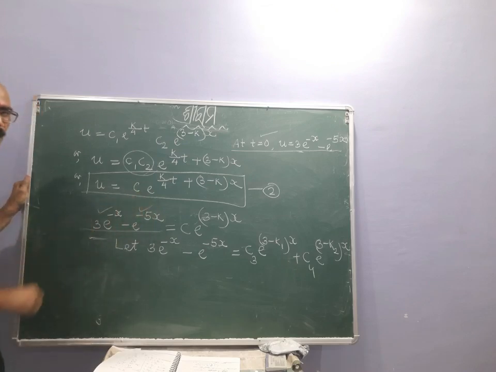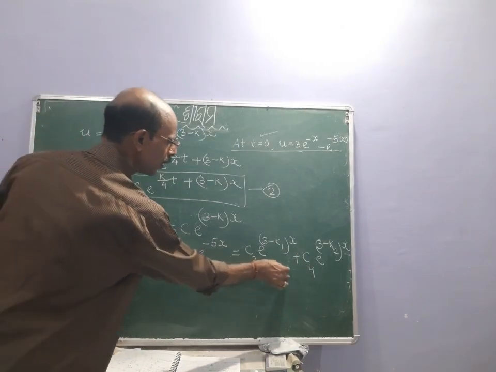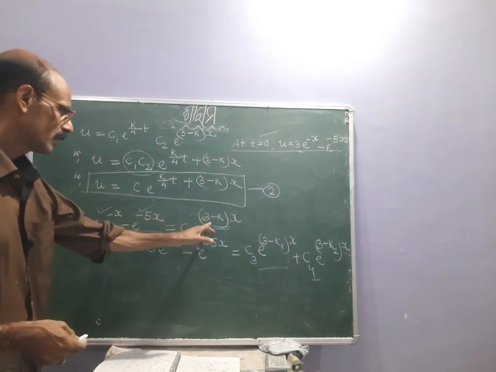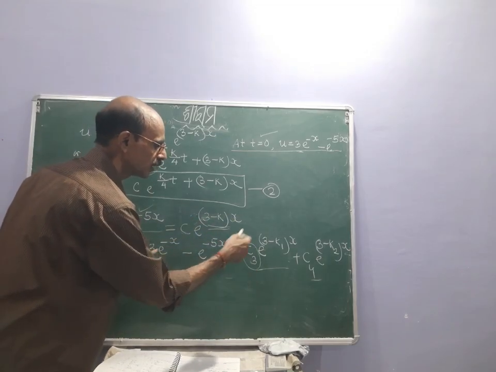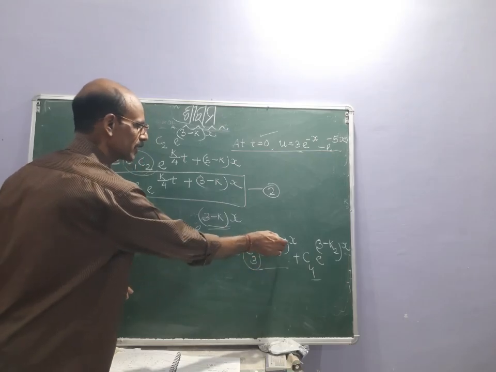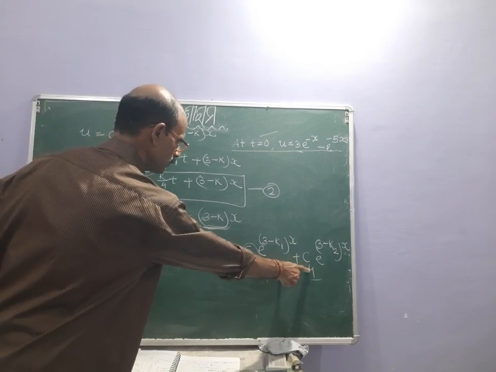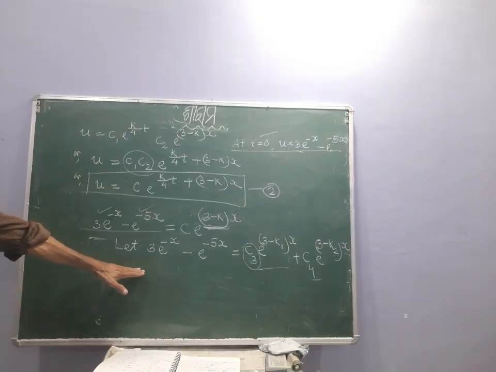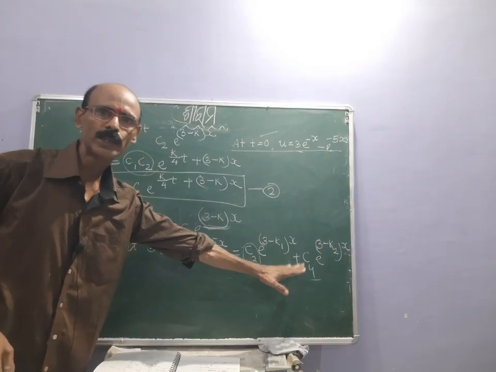Here two terms are there, but this side single term. So what we will do, let it be the sum of this. See, here 3 minus k only. Here this is 3 minus k only. Therefore we have used two other constants, c3 into exponential 3 minus k1 x plus c4 into exponential 3 minus k2 x. Understood this step? Since it is a linear equation, I have taken the right side also linear.